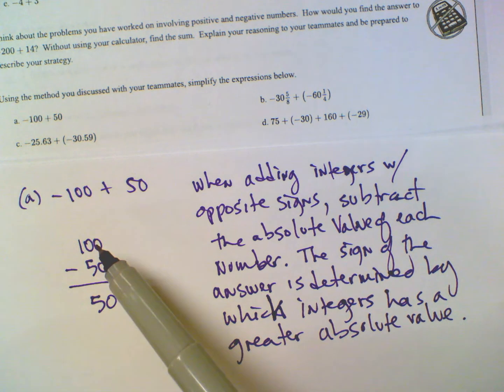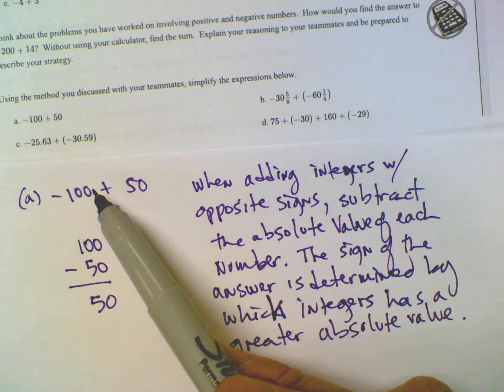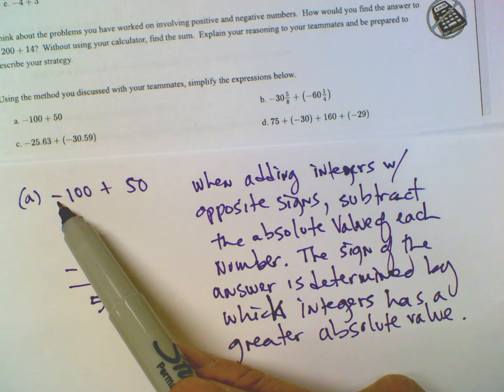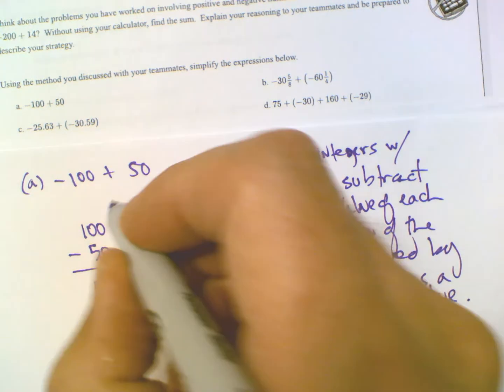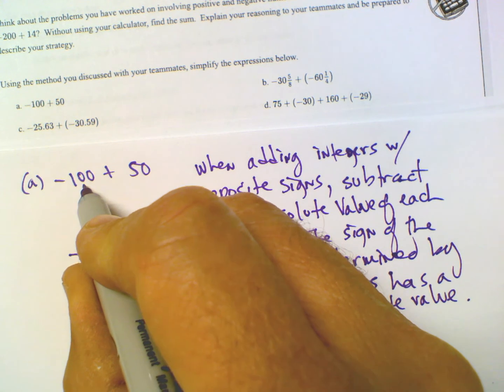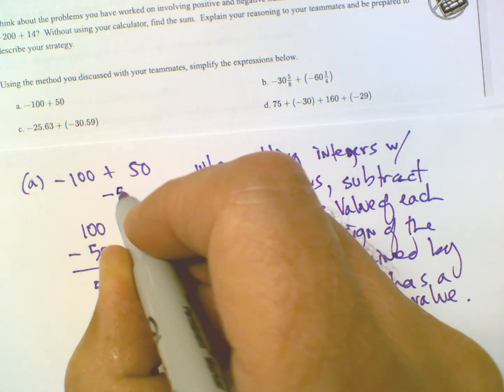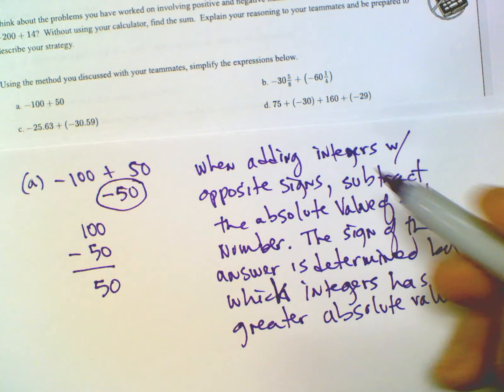The number that has the greater absolute value is 100. And since 100 is negative, my answer is going to be negative. So negative 100 plus 50 is negative 50. So that's how that's determined.